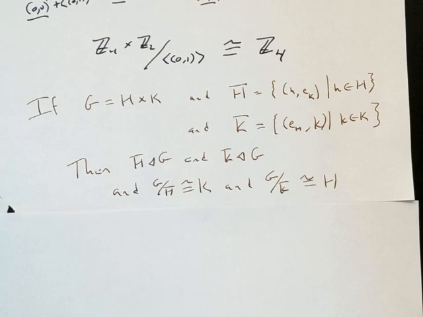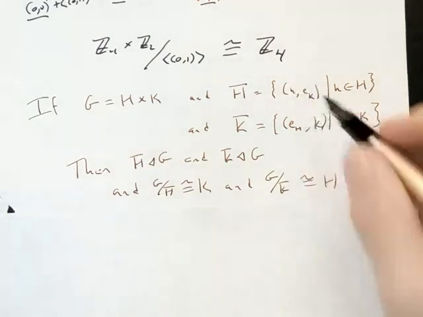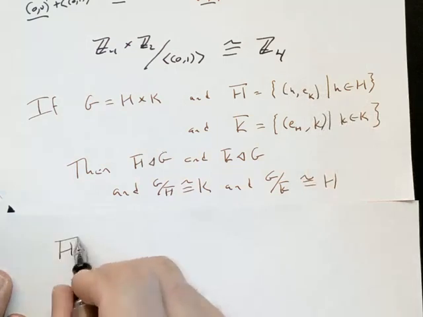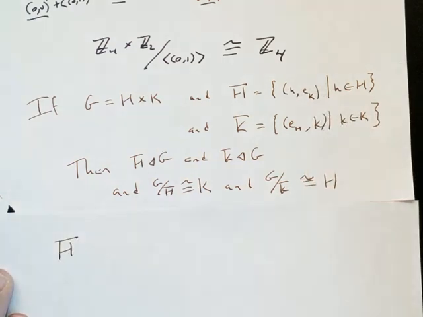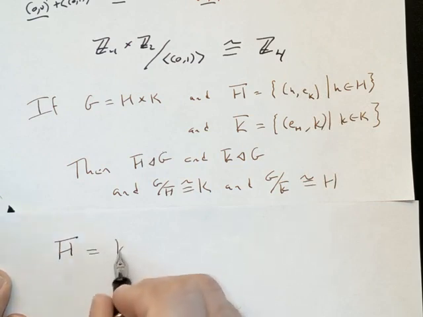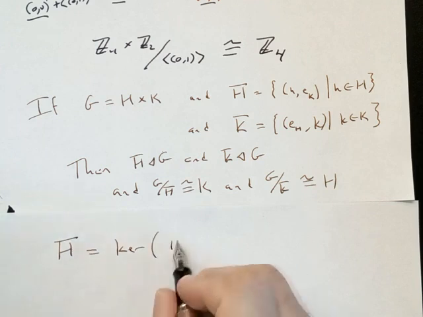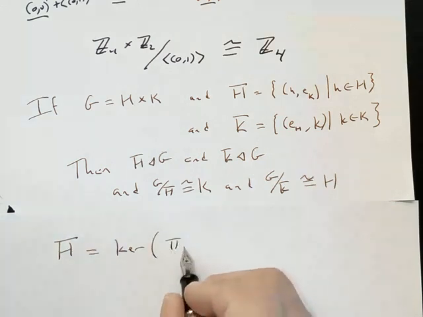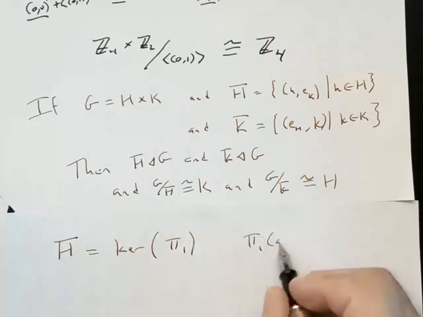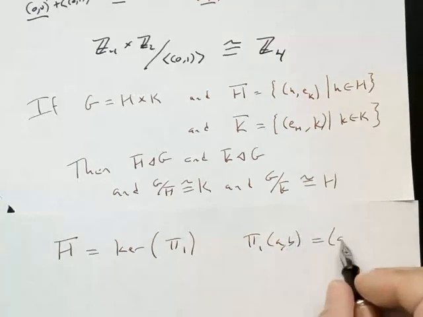Why? Because H bar is the kernel of the projection where pi 1 of (a, b) is equal to a.